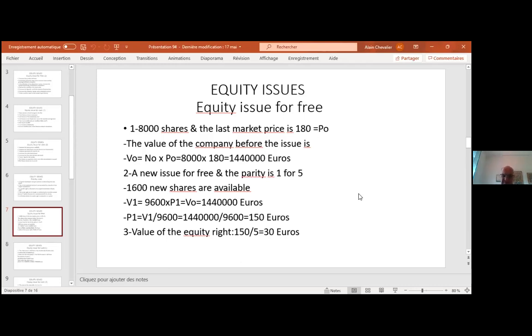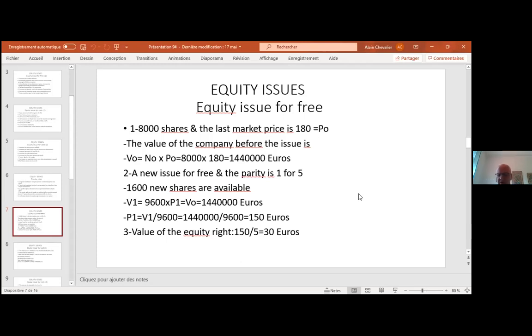What do we do here? We issue new shares for free. We increase the number of shares, but we don't increase the level of cash. We issue 1,600 shares for 8,000. We had 8,000 old shares, and we issue 1,600, which means an issue with a parity of 1 for 5.